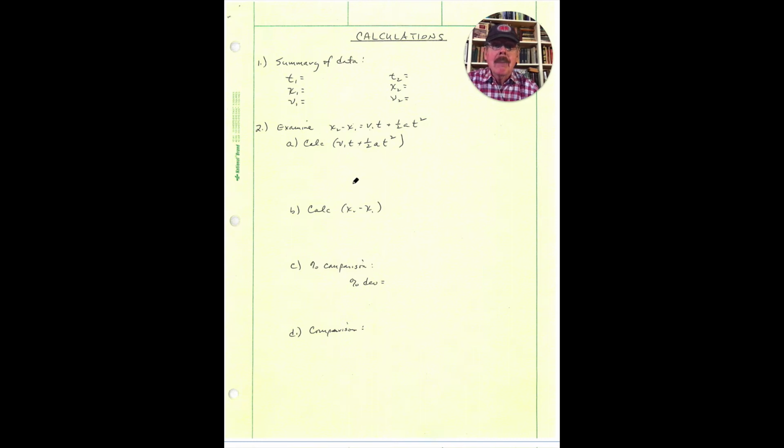So anyway, apparently this number 2 was broken into 4 different sections, and question A effectively said, take a look at the right-hand side of that relationship and see numerically what that value is. So the blurb was, calculate what the right-hand side was, v1t plus a half at squared.